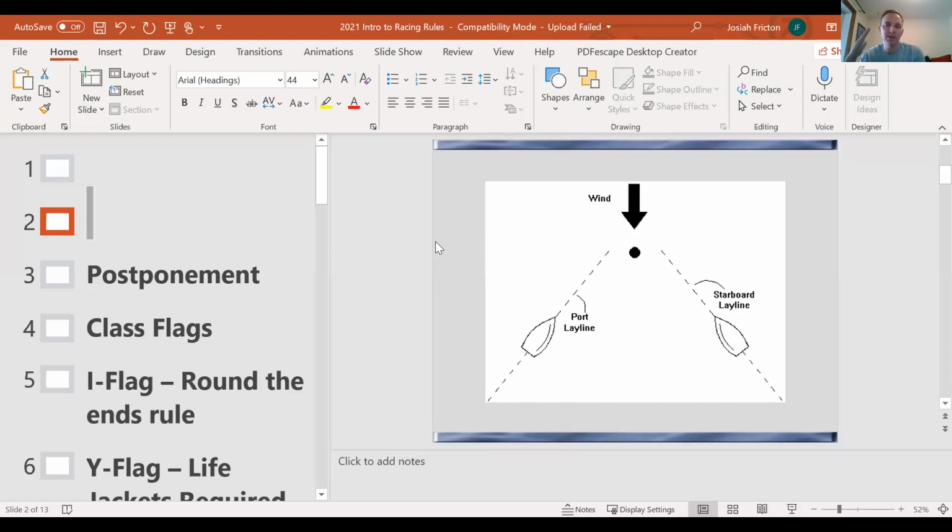If you can sail on a straight course, you'll be able to go around the mark. So a port ley line means you're coming in on port. We'll talk about starboard and port in a little bit. And a starboard ley line means that you're coming into the mark on a starboard course.